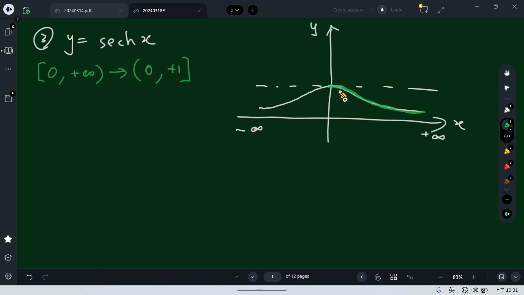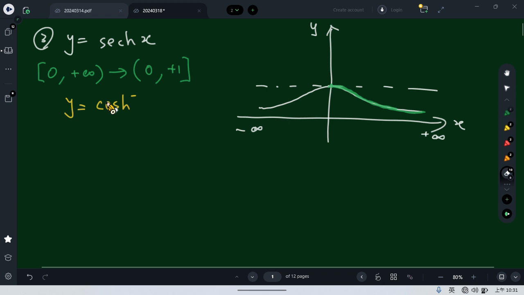So if we have this, then we can have the inverse of the hyperbolic function, or arc hyperbolic. Sorry, going back. Hyperbolic secant.